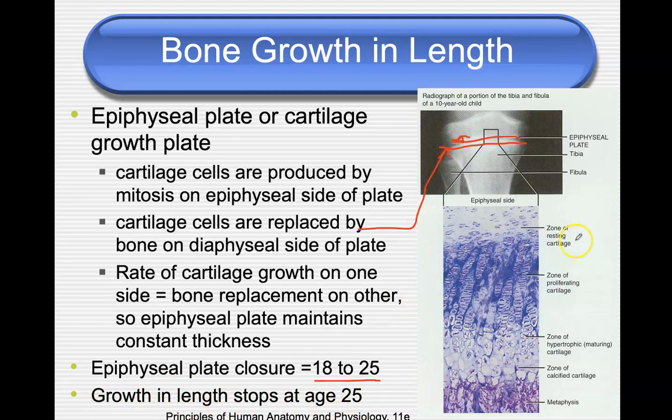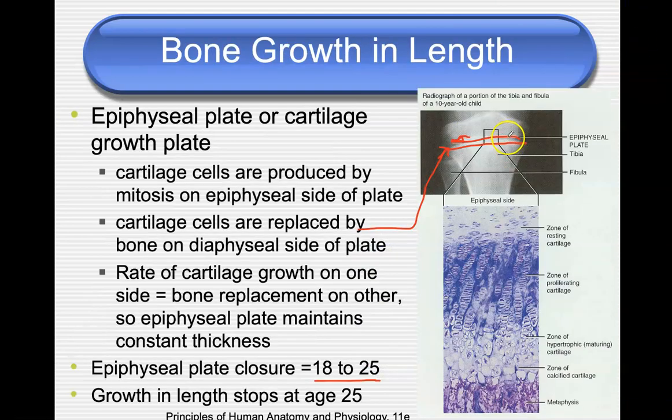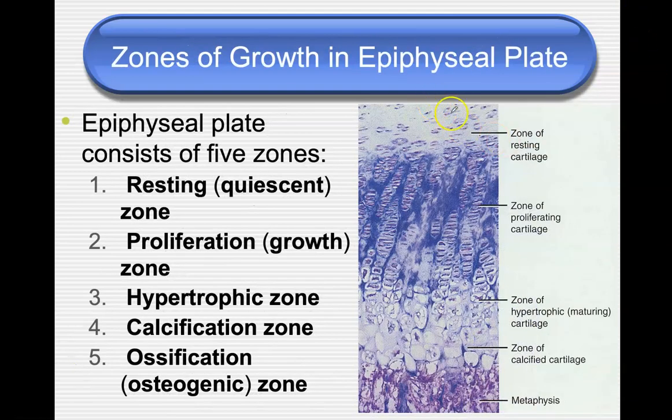Okay, so we're going to talk about the epiphyseal plate, these different zones, and what's happening in these different zones. So if you were to look at the actual epiphyseal plate, this tiny little area here, and look at it microscopically and break it down, you can break it down into basically these 5 different zones. And of course we create these 5 different zones so that we can talk about what's happening in each zone.